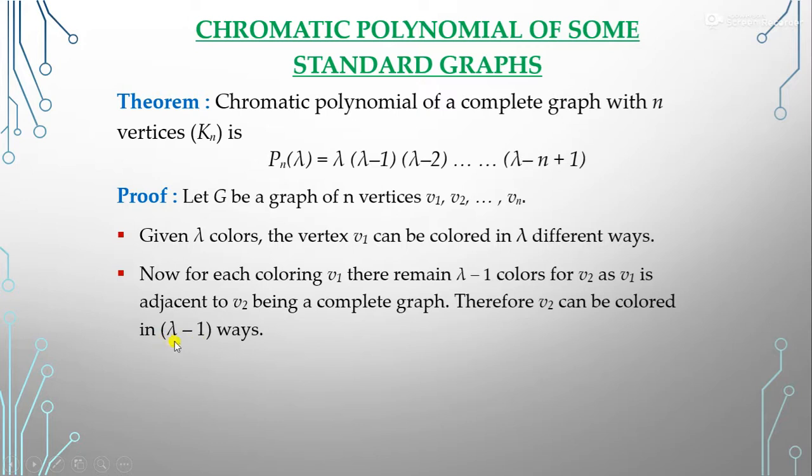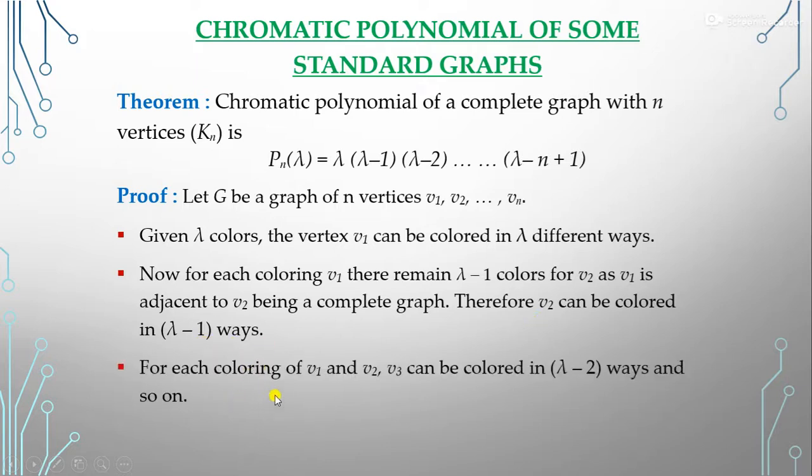We have lambda minus 1 ways, because after coloring v1 the remaining colors are lambda minus 1. So we can color the vertex v2 in lambda minus 1 ways.